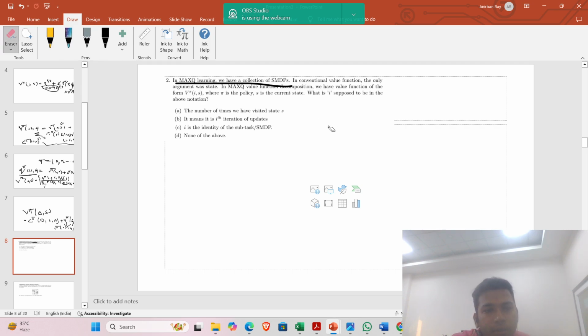So it means the number of iterations for each update. Sorry, i here is the identity of the subtask or SMDP.